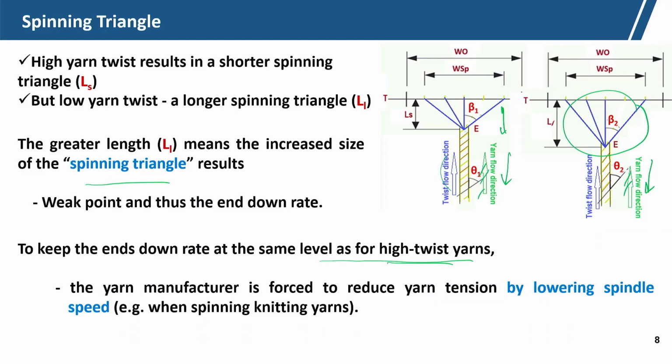If we use a high speed for a lower twist level, then there will be end breakage, because at high spindle speed the balloon tension will be high and will exert higher tension in the spinning zone, but at lower twist the length of the spinning triangle will be high.